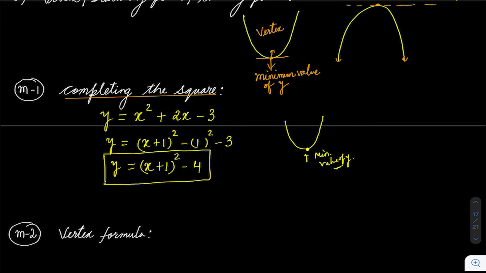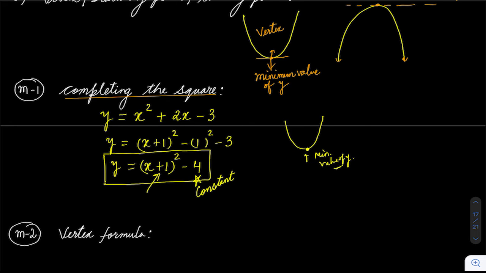Now y is x plus 1 whole square minus 4. It should be minimum. This 4 is a constant, so I can't change it, it is whatever it is. But I can change this x plus 1 whole square by changing the values of x. So I have to find when this will be minimum. Obviously it's a square, right?